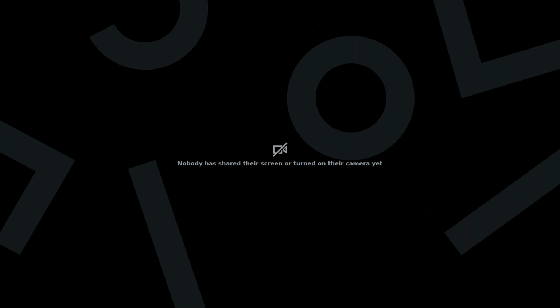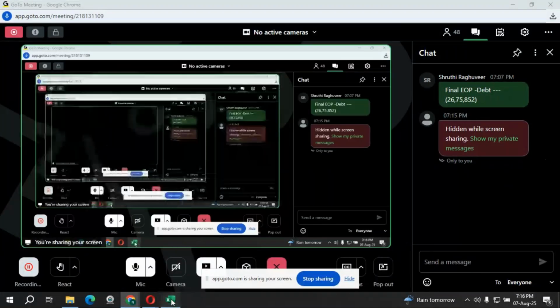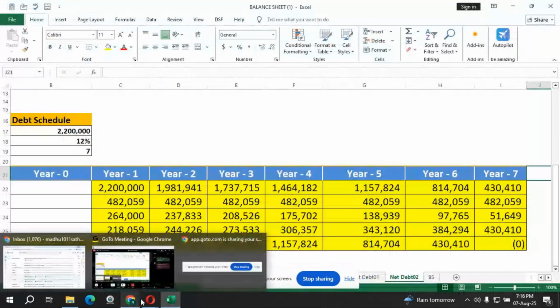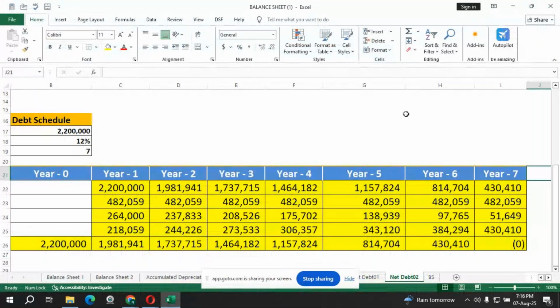Wait one second. See, this is the answer. You can cross check where what has gone wrong, what is the amount. You can cross check with yours. This is only for the second year.